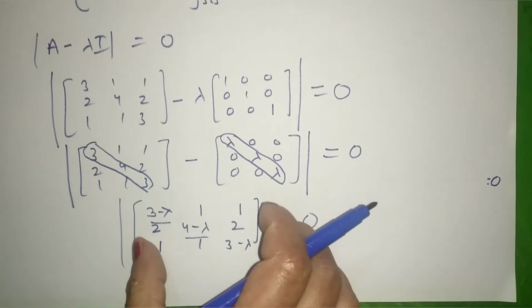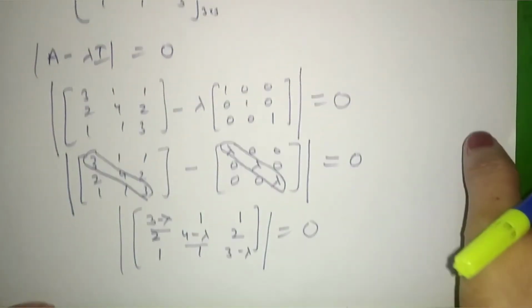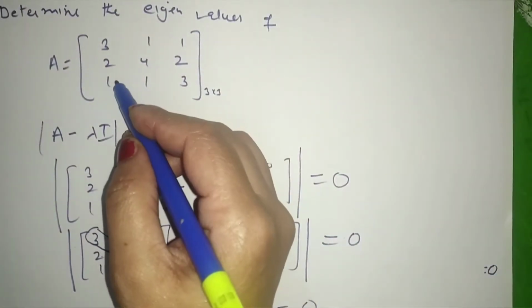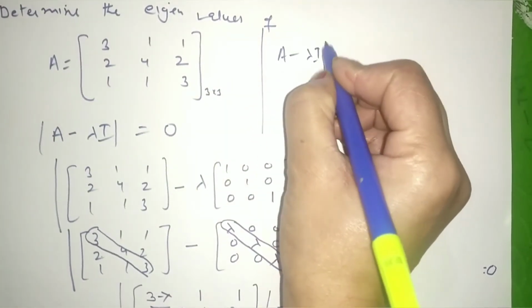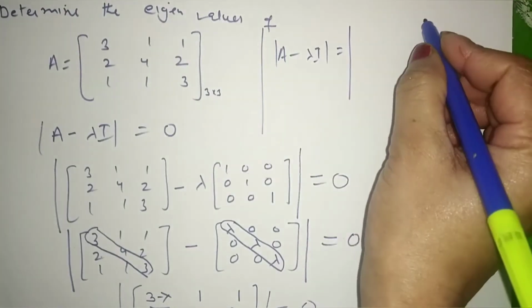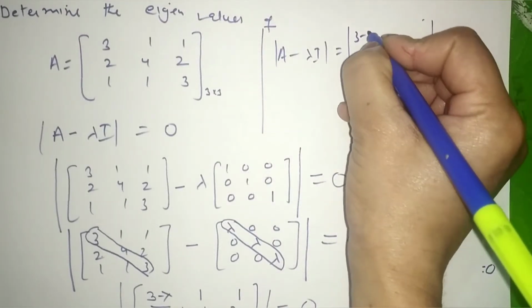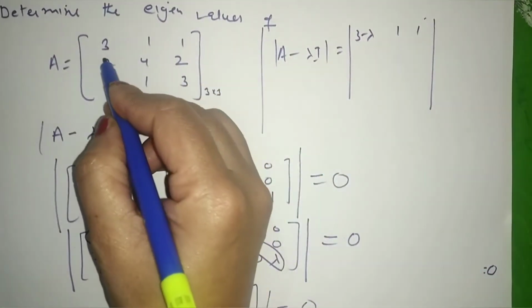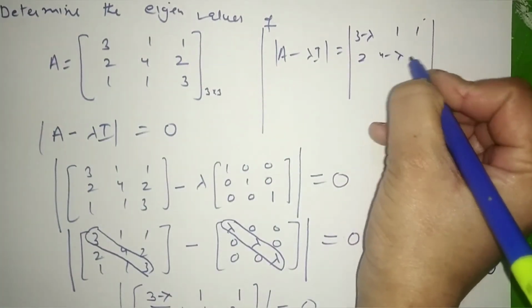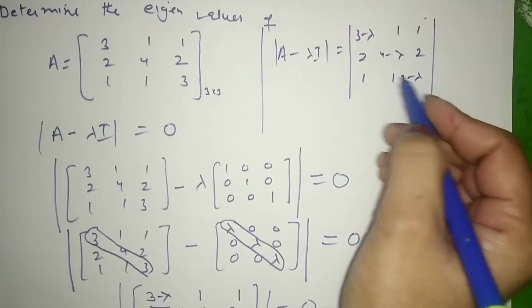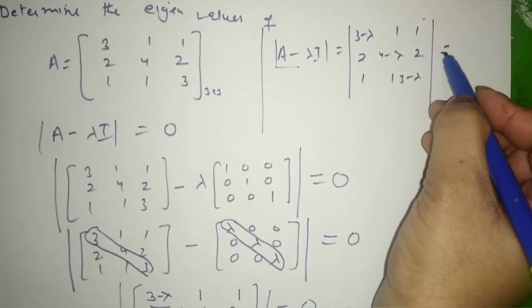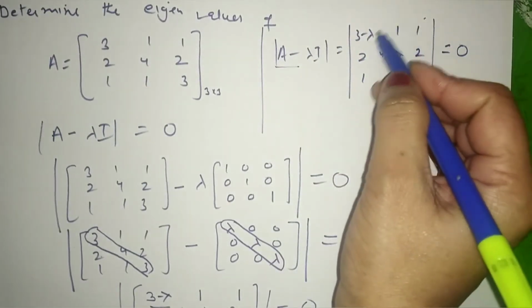So you can directly write from here that this is matrix A. For the questions you will do, when you write determinant of A minus lambda I, you can directly write it will be the determinant of 3 minus lambda, 1, 1, then 2, 4 minus lambda, 2, 1, 1, 3 minus lambda. So you can directly write this, and you have to put the determinant equal to 0.